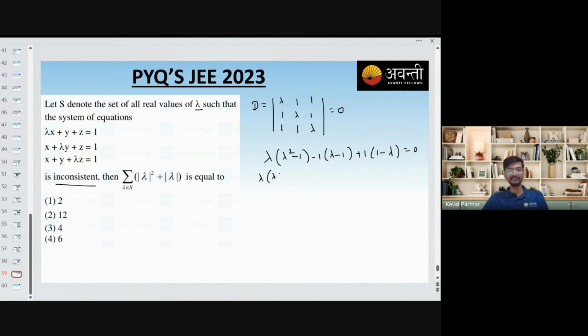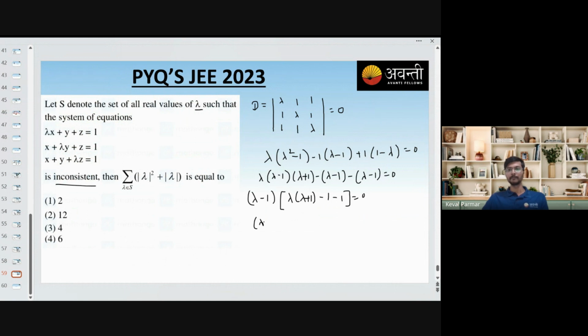If you can see, I can write as lambda minus 1 into lambda plus 1, minus lambda minus 1, minus lambda minus 1 equals to 0. We can take lambda minus 1 common.